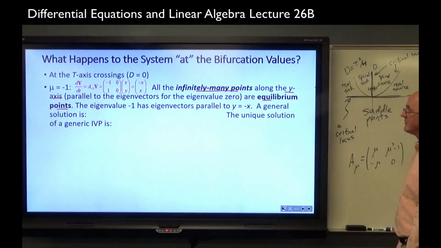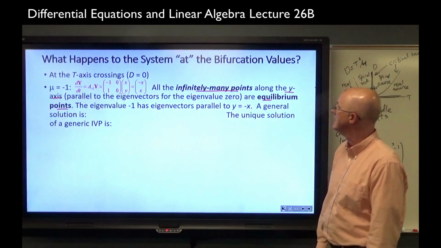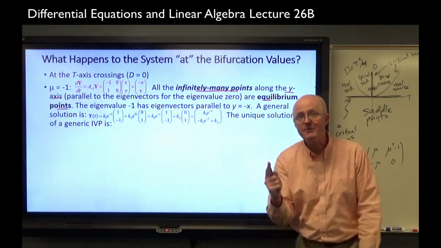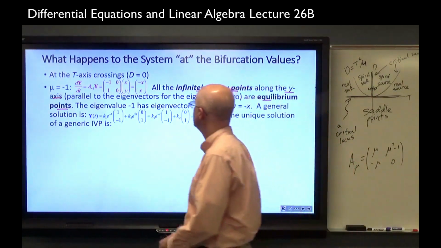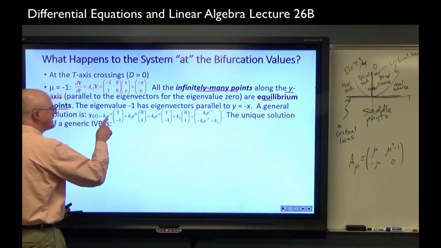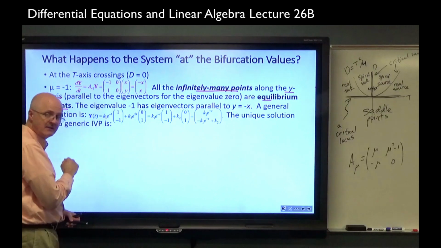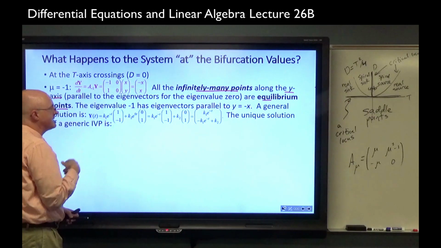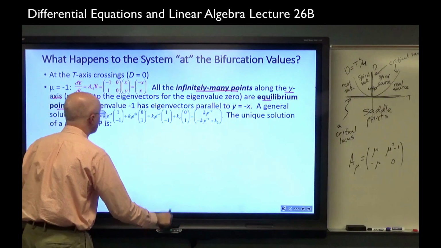The eigenvalue -1, you can check, I'm not verifying it, has eigenvectors that are parallel to the line through the origin with slope -1. A general solution can still be found in this case with the same method as before. Take an arbitrary constant times e to the lambda 1 times t times an eigenvector for that lambda 1. Lambda 1 is -1. This vector is an eigenvector for the eigenvalue -1. Notice this is actually a lower triangular matrix.